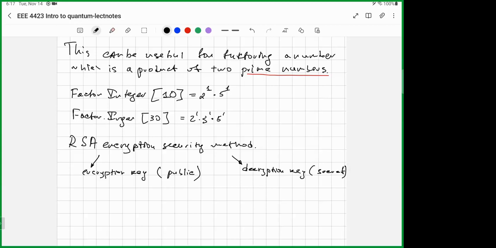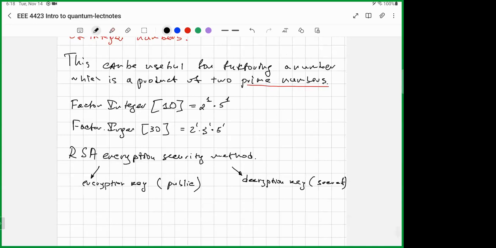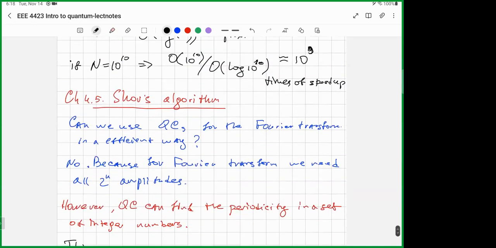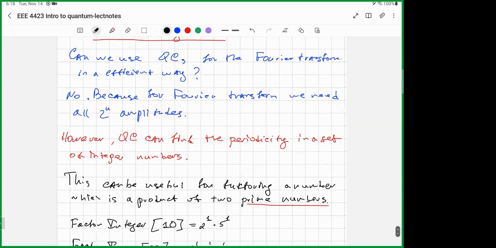Okay, so if sometime in the future we get a powerful enough quantum computer, it will allow us to factor large numbers that are the product of two prime numbers, and we will need to come up with other approaches for security. All right, so this is, in short, the purpose of Shor's algorithm.